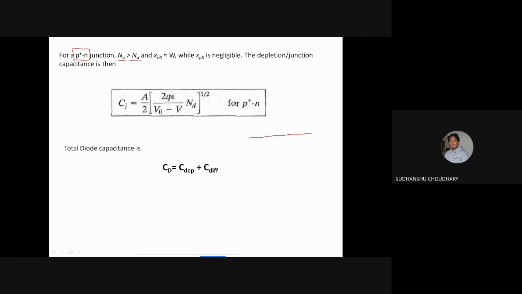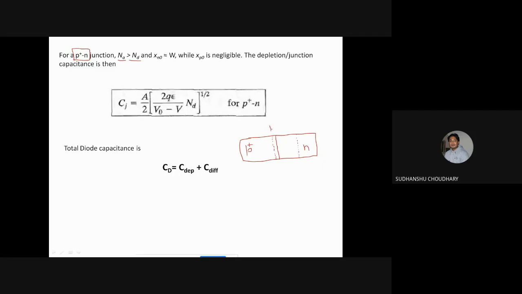So we can draw a PN junction where the P side is heavily doped. When the P side is heavily doped, the depletion region on the P side will be small, will be thin, right? And the depletion region will extend into the N side since it is lightly doped.